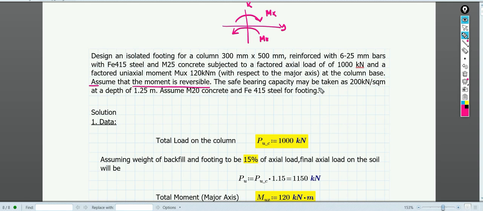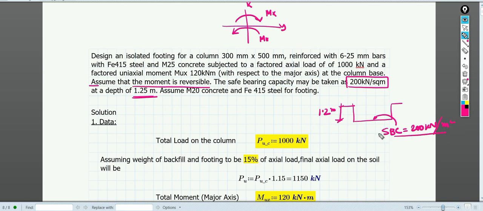The safe bearing capacity may be taken as 200 kilonewton per meter square at a depth of 1.2 meter. That means this is the depth of foundation. In geotechnical engineering you have studied that this is the depth of foundation. This is 1.2 meter, and at this depth the safe bearing capacity is 200 kilonewton per meter square.